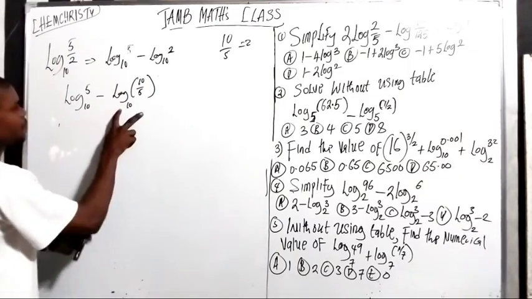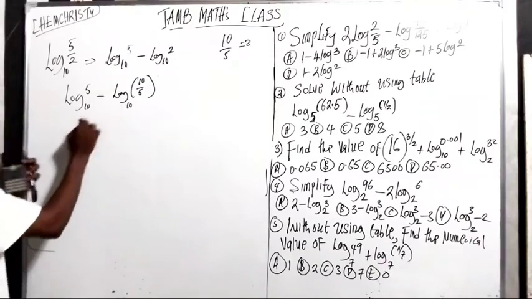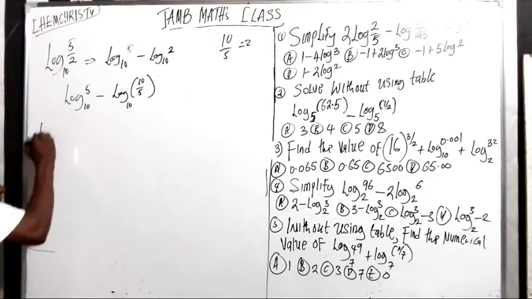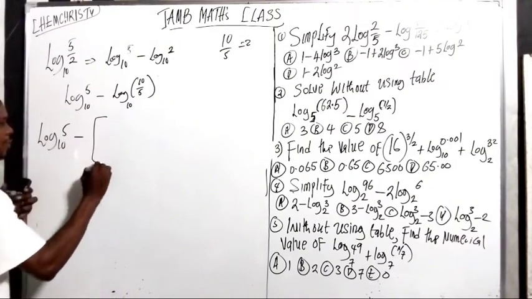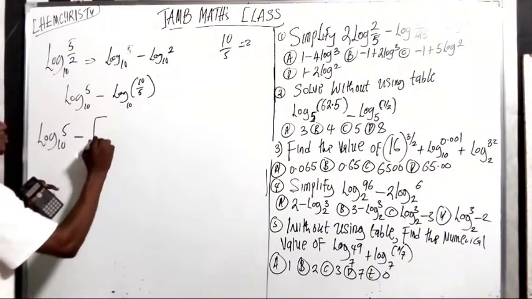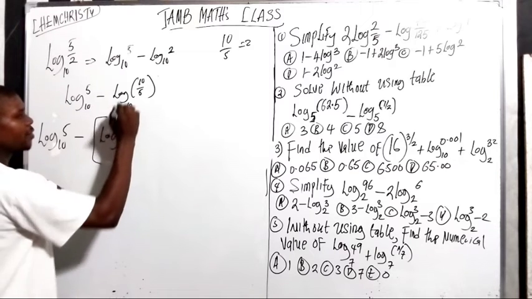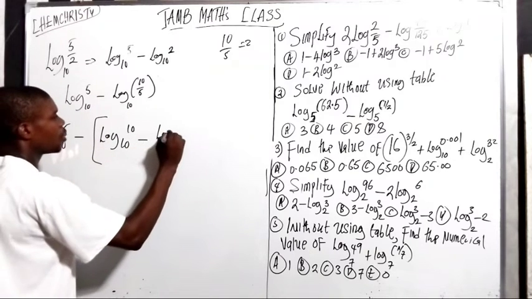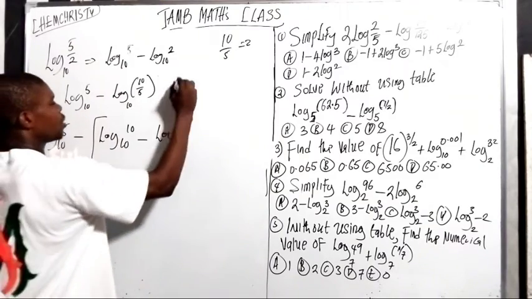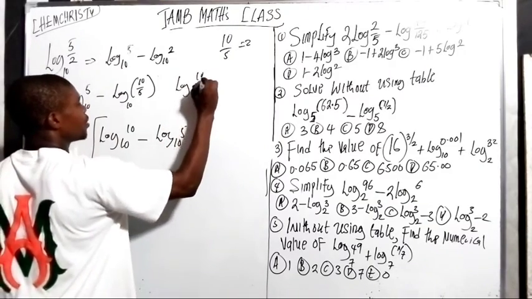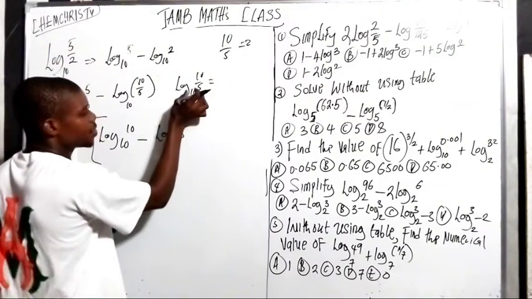To expand this, it's going to be log 10 of 5 minus, and now there are going to be brackets here to separate. So it's going to be log 10 minus log 10 of 5. Do you understand? Because this is log 10 over 5, and remember this is the division law.